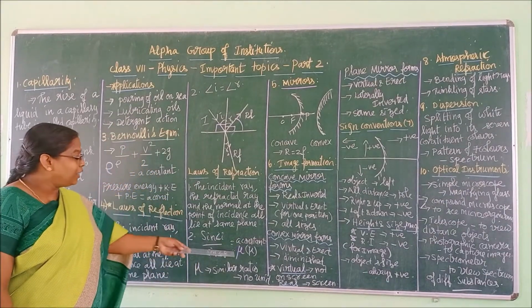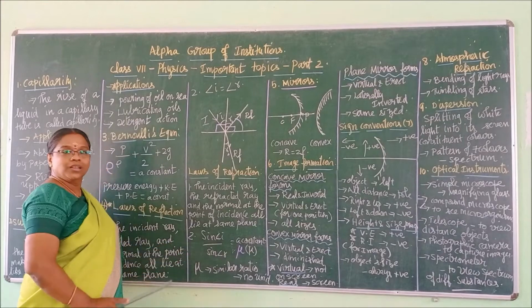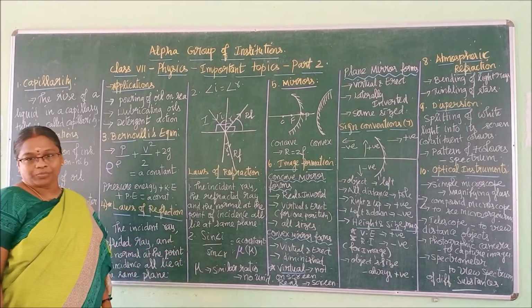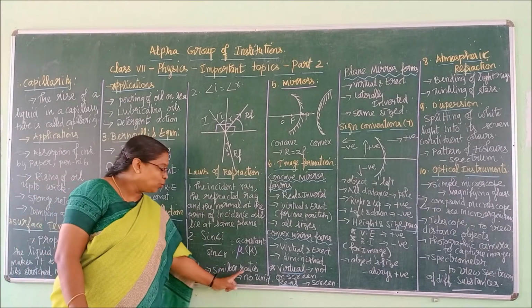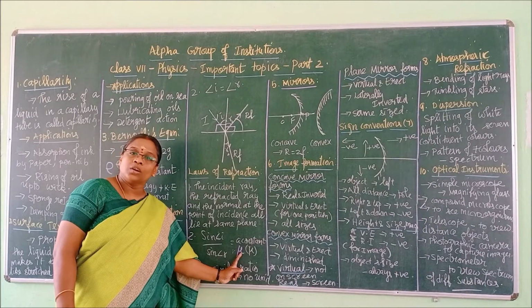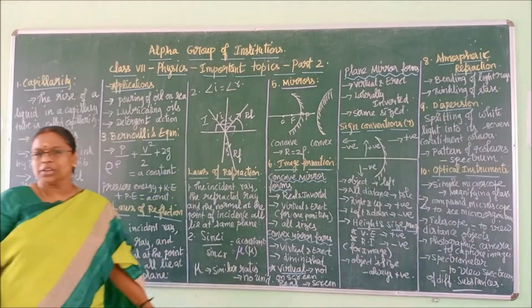See, this is also an angle, and this is also an angle. Same quantities, so they will get cancelled. That's why the constant mu has no unit. How do we call that constant? Refractive index. Remember children?